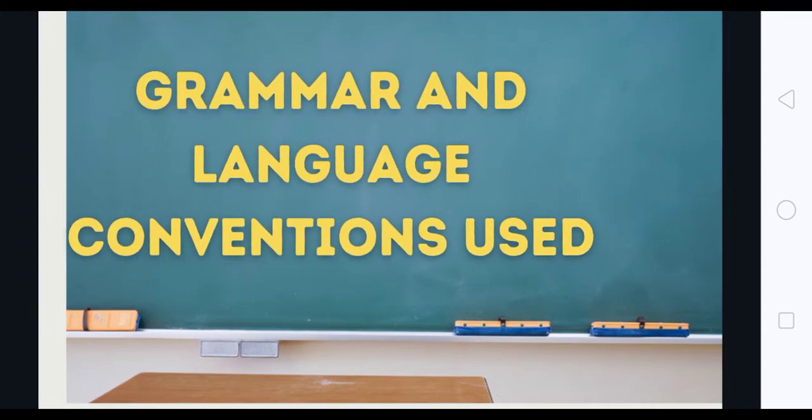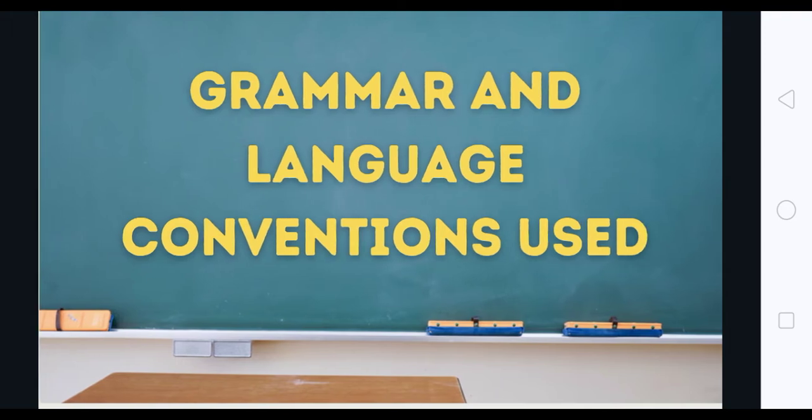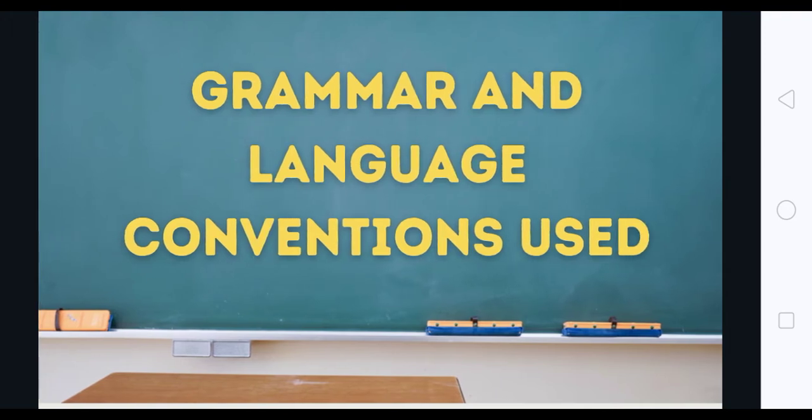Grammar and language conventions used. In a persuasive text, the use of grammatical features helps in emphasizing one's viewpoint. Commonly, understanding the context of verbs, adjectives, and adverbs aids in strengthening one's position.